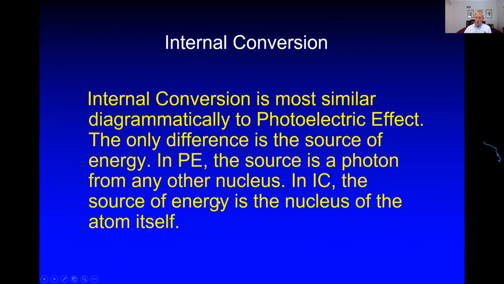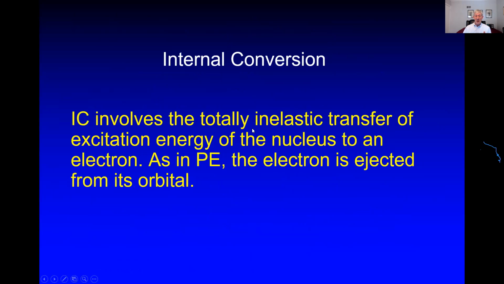In internal conversion, the nucleus is highly energetic. The nucleus is able to transfer energy to an inner shell electron and knock it out. It is not doing that by emitting a photon. It's not real clear how that process happens, but energy transferred from the nucleus ejects an electron.